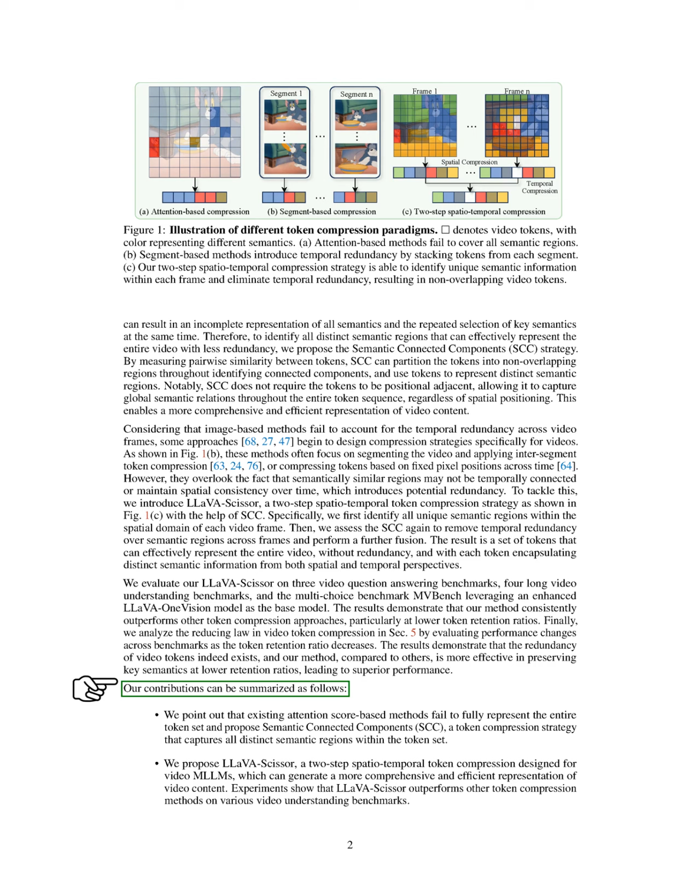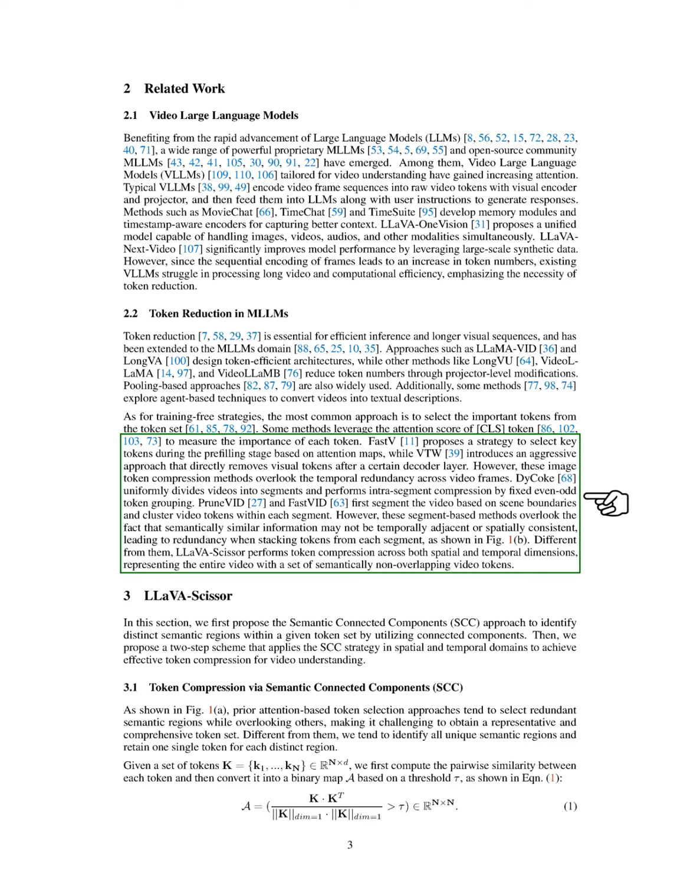In summary, we highlight that existing attention score-based methods do not fully capture the entire token set and introduce the SCC strategy for token compression. We present LLaVA-Scissor, designed specifically for video LLMs, which provides a more efficient representation of video content. Our experiments demonstrate that LLaVA-Scissor surpasses other token compression techniques across various benchmarks.